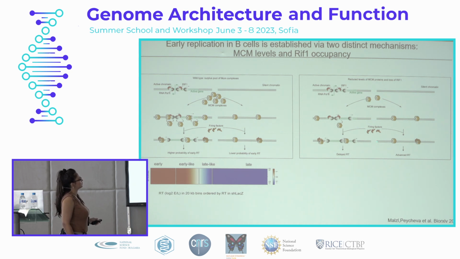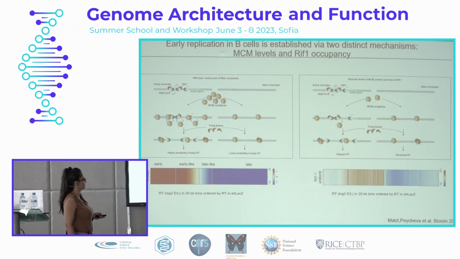And we also see that in the silent chromatin, we have a compensatory advancing of the replication timing. And this is how the data looks: we have a complete flip of the replication timing, so the normally early replicating regions become later replicating, and we see this compensatory advancing of the replication timing.